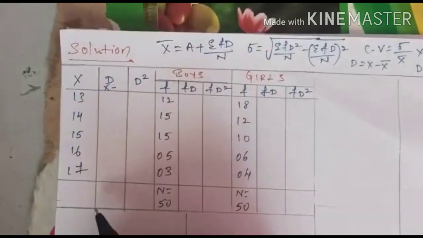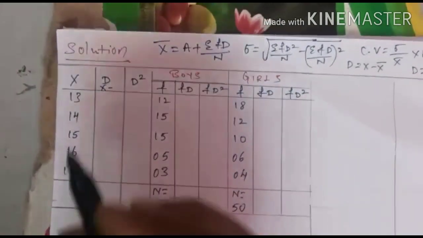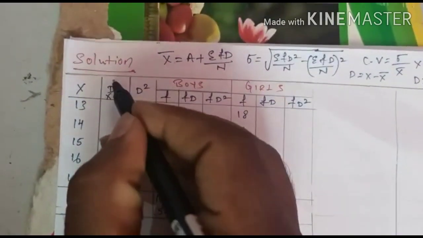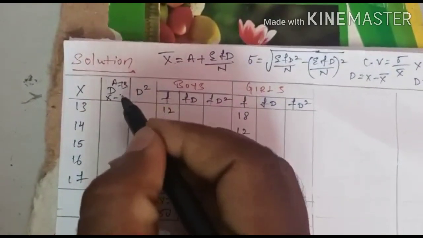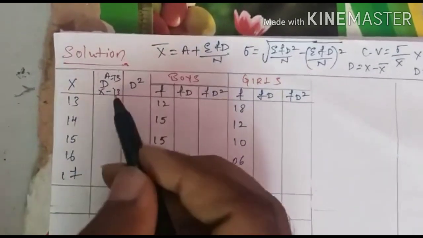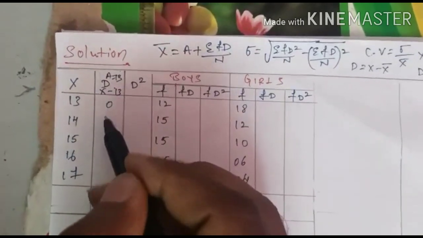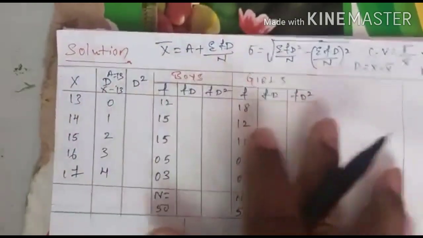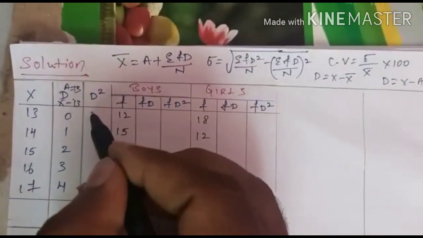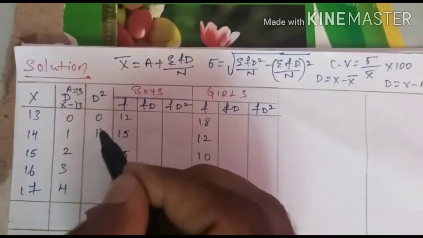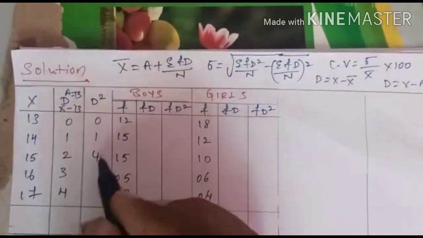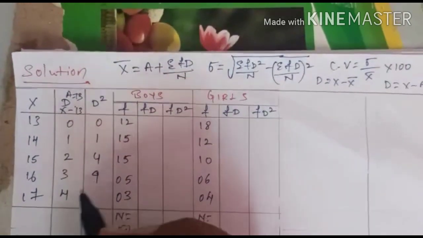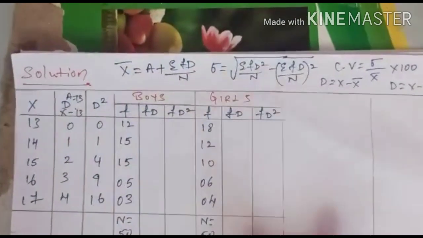Let's consider one of the x values as the assumed mean, so a is equal to 13. Now 13 minus 13 is equal to 0. Then 1, 2, 3, 4. Next find the D square values: 0, 1, 2 square means 4, 3 square means 9, 4 square means 16.